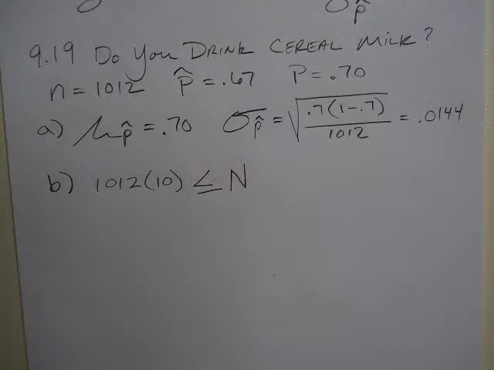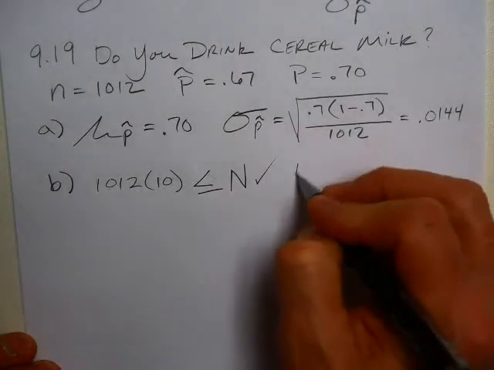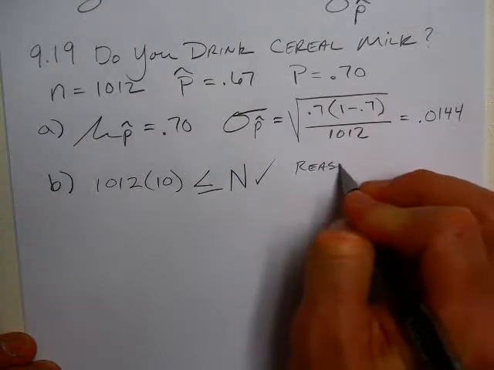So the population has to be at least 10 times bigger than the sample size. Now, we're talking about U.S. adults here. Is it reasonable to assume that there's more than about 10,000 U.S. adults? Yeah, I think we're good here. We can check this. This is reasonable to assume.